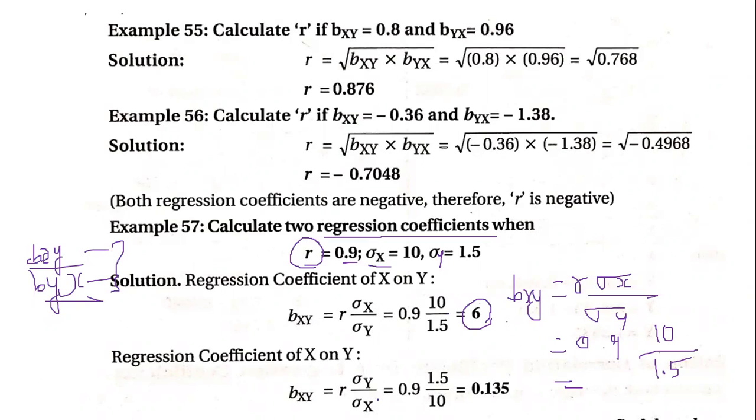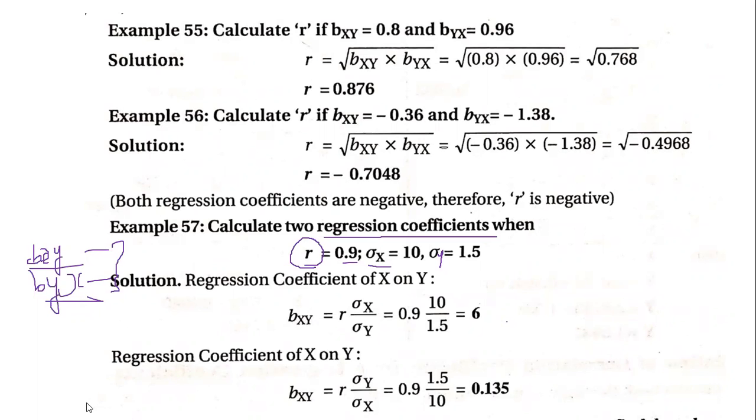So this bxy is 6, and let us find out byx. Just application of formula is what you're supposed to do. So we found out bxy. Yeah, this should be byx. Okay, they've given it wrong here. This is y on x, and this should be byx.